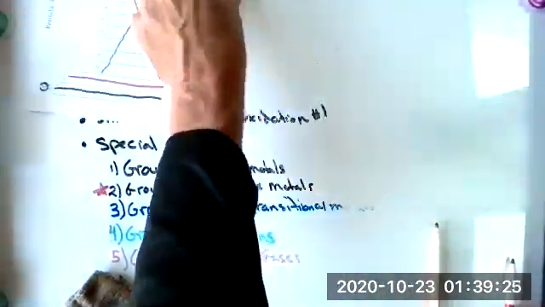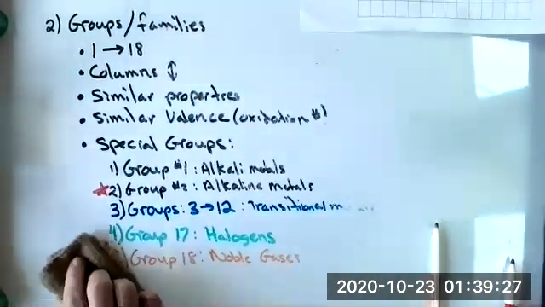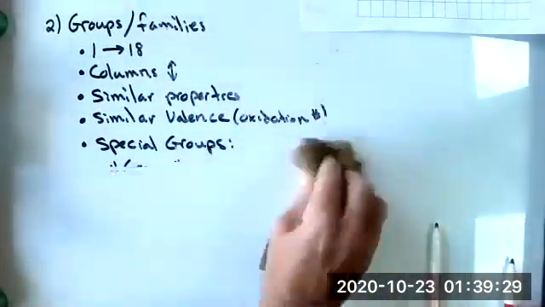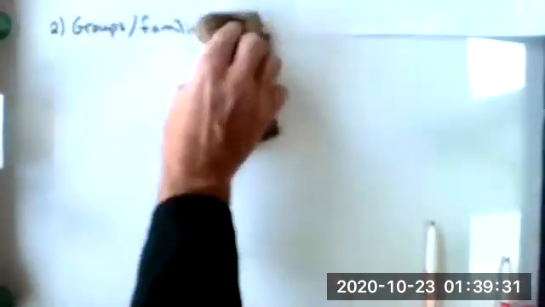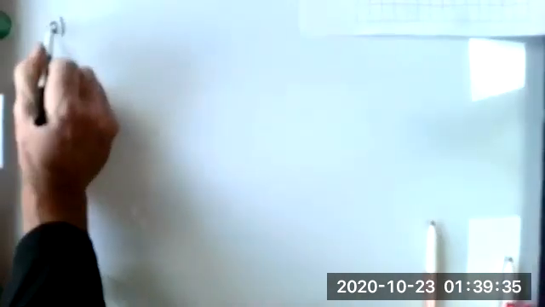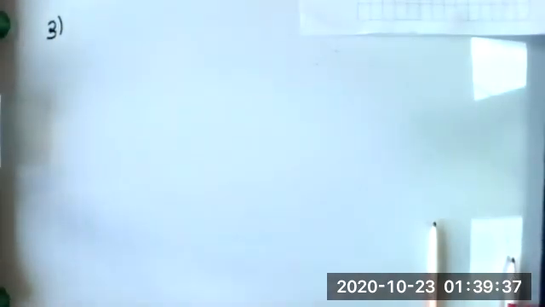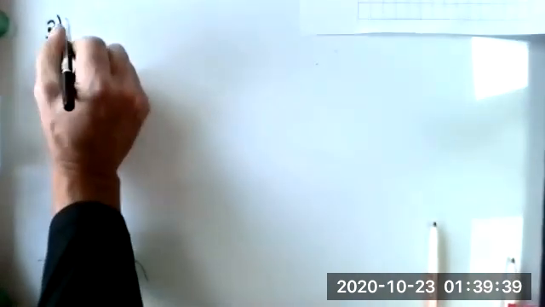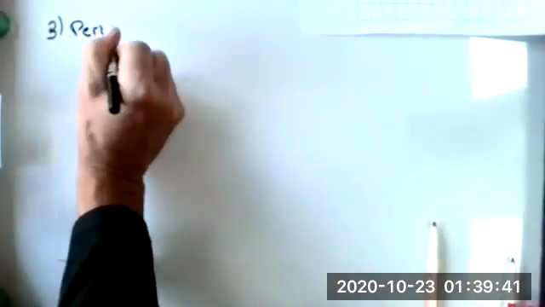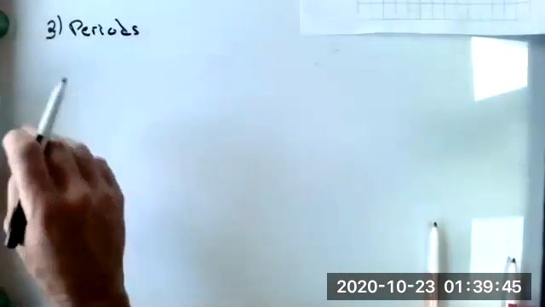Rows, sorry, my friends, they're not called rows. That's too simple. So, your third thing in topic 6. No, they're not called rows. They're called periods. Periods.